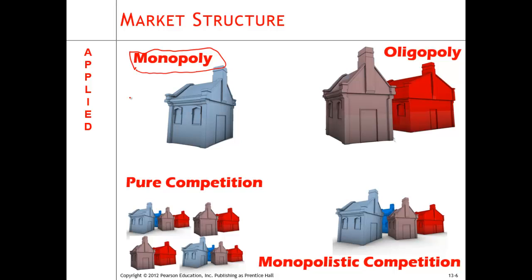Now, based on the Sherman Antitrust Act, monopolies are illegal. However, the example we just gave is a common example of what's known as a legal monopoly. Legal monopolies exist through patent protection or through government regulation.